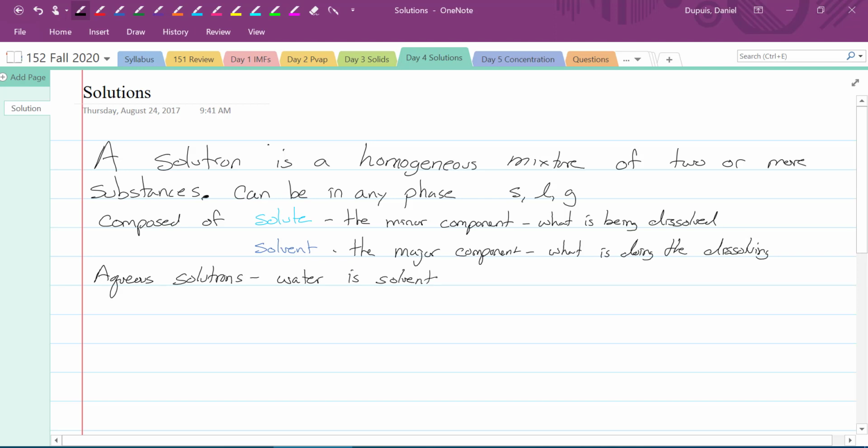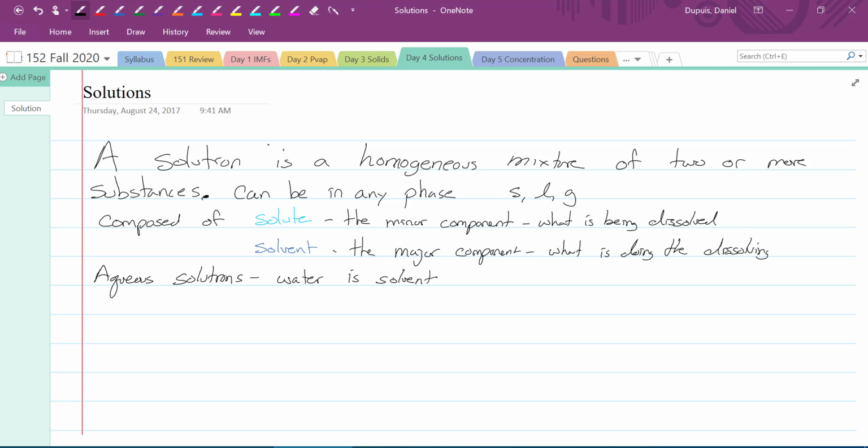And this is where we'll live. We'll live pretty much in aqueous solutions. That's what we're going to care about. That doesn't mean other people don't care about what goes into the atmosphere or what goes into solids or metallurgy or any of that. We're not saying that's not important. Our class focuses pretty much on aqueous solutions.